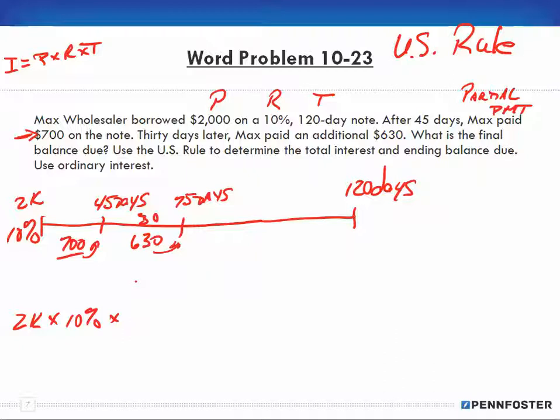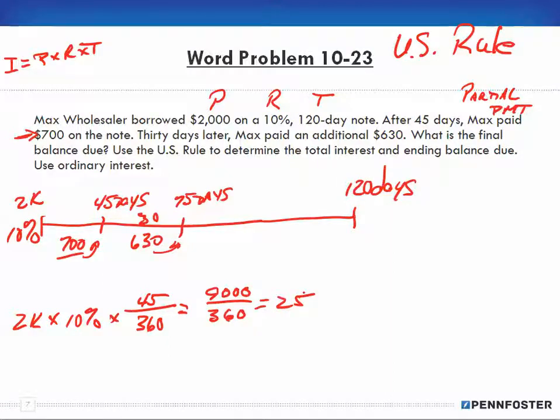It's a 120-day note, and we're talking about the first 45 days, so 45 over 360, since it says to use ordinary interest, which is 360. When we do the math, 2,000 times 10% times 45 is 9,000, divided by 360, and we get $25 in interest.